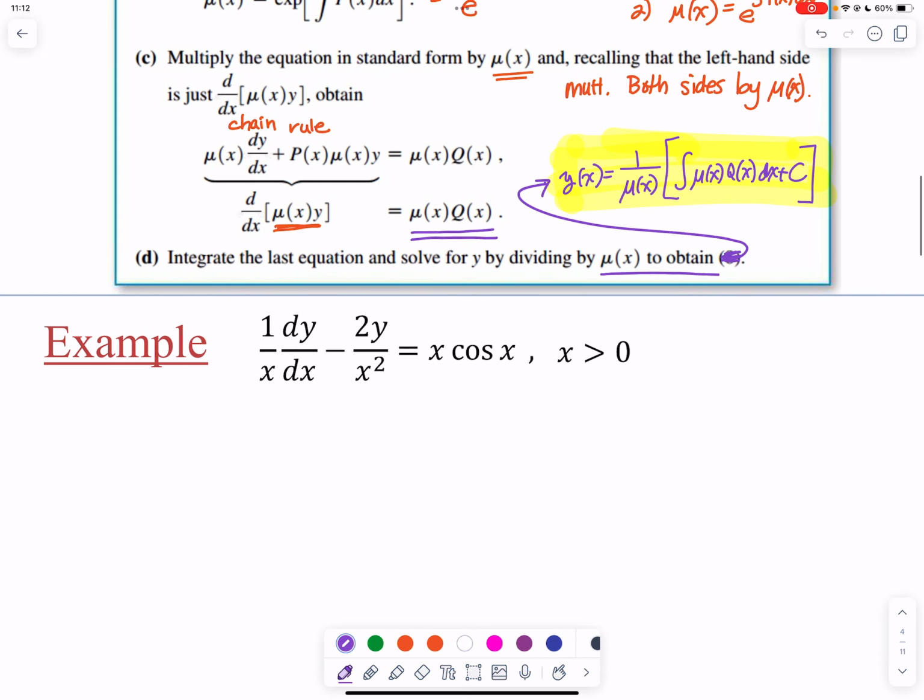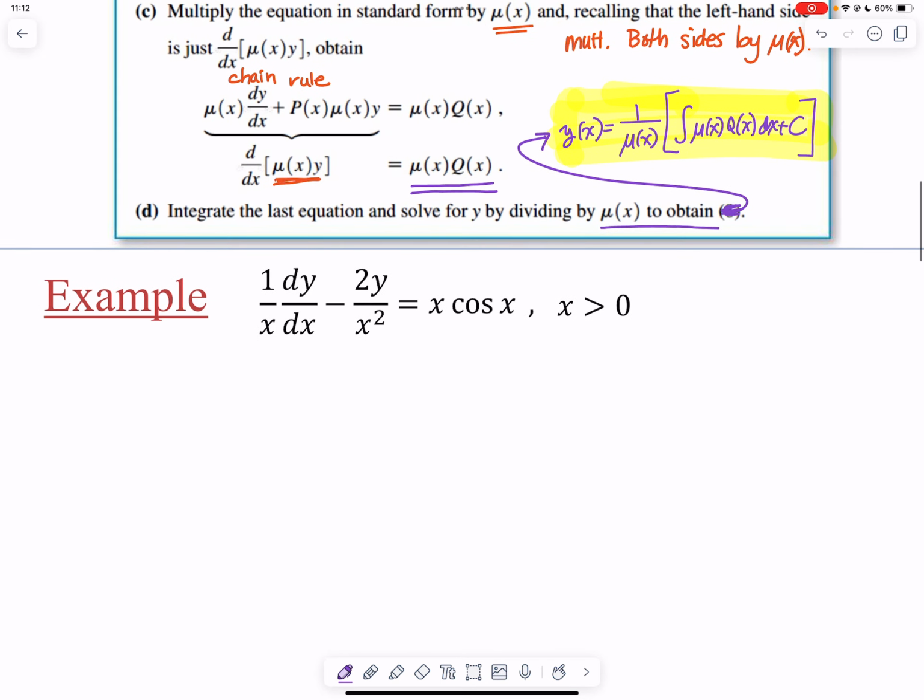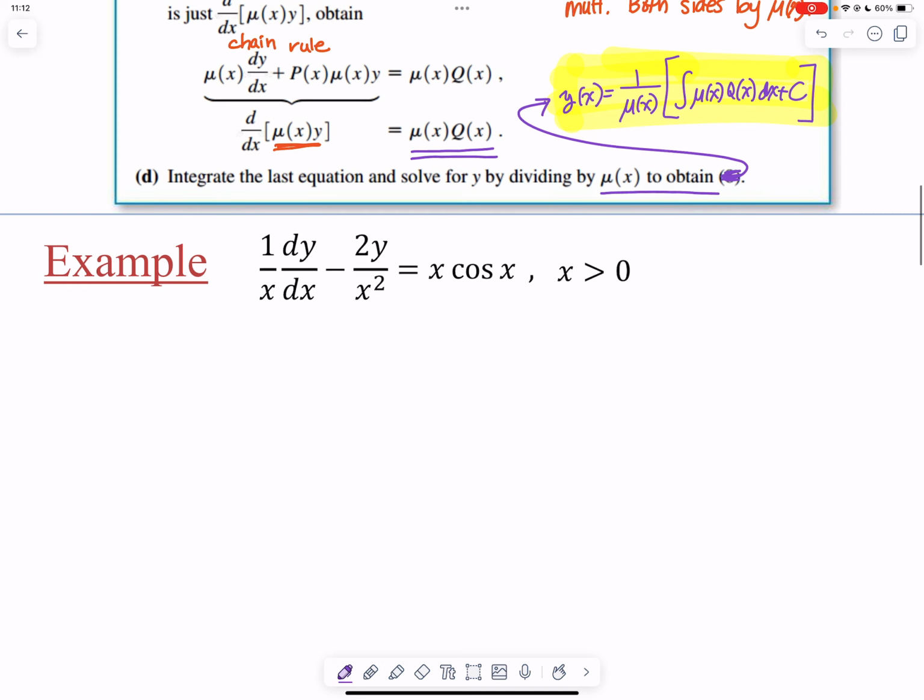We have this first-order differential equation here. And for this example, we're going to go ahead and multiply every term by x. So we'll have dy/dx minus 2 over x multiplied by y is equal to x squared cosine of x.